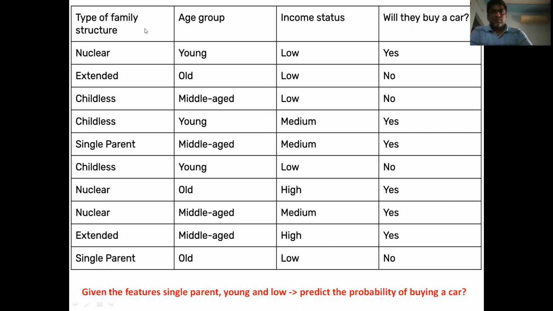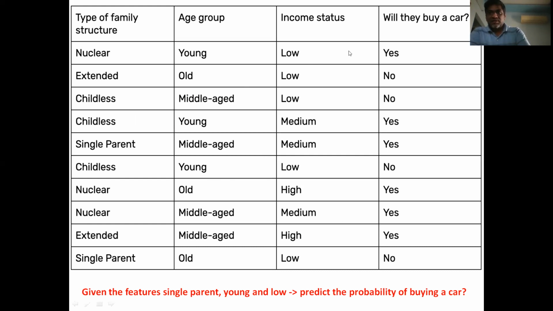This problem contains three features: type of family structure, age group, and income status. Type of family structure has different values such as nuclear, extended, childless, and single parent. Age group is either young, old, or middle aged, and income status is either low, medium, or high.